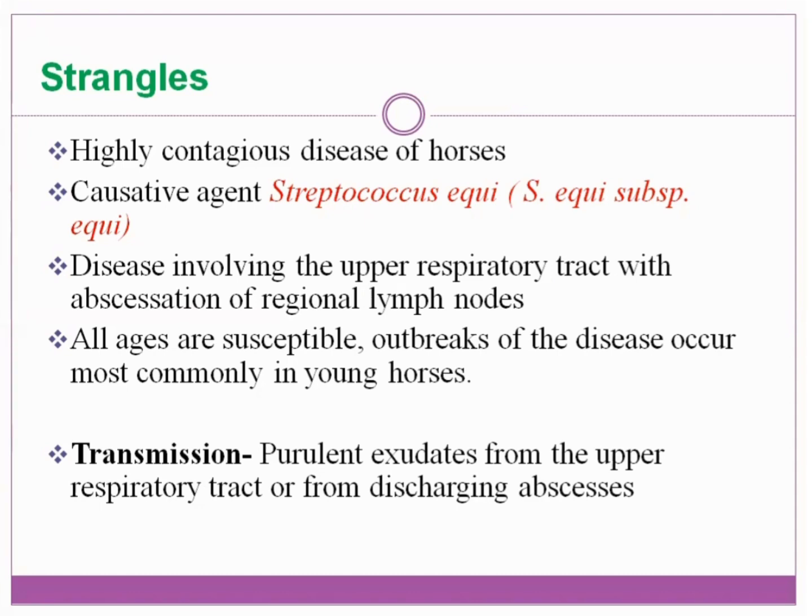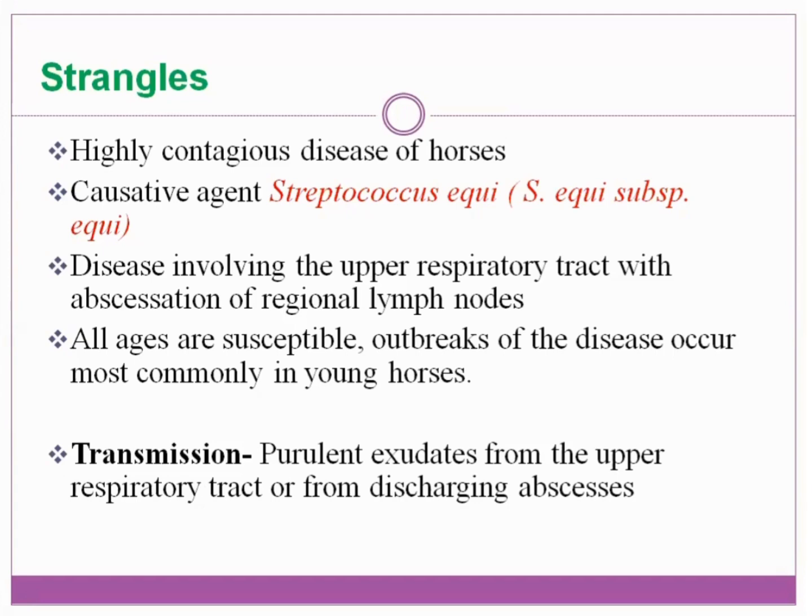All age groups of horses are susceptible to Streptococcus equi infection. Outbreaks of the disease occur most commonly in young horses because they have not developed proper immunity. So younger horses are commonly infected.